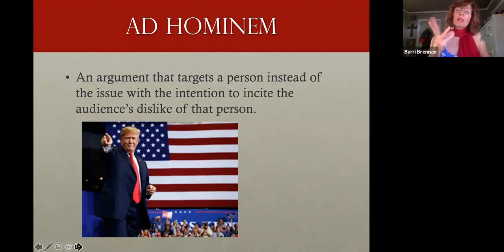So we have to really think about when character is a part of it. Isn't someone's character important to consider when acting as the leader of a country? Or should they be separated? You have to weigh that yourself, you have to decide. That comes back to your own moral values.